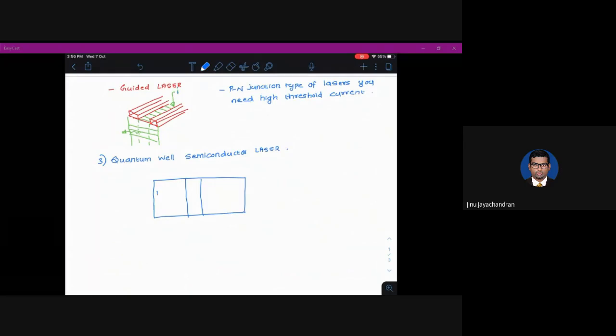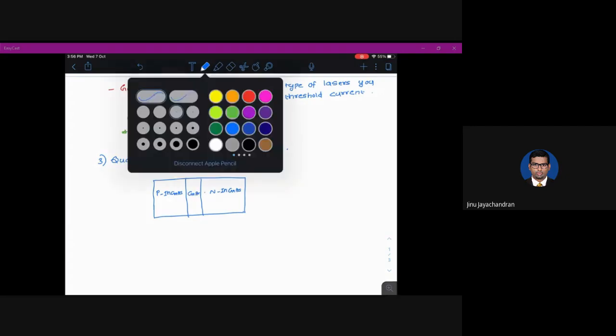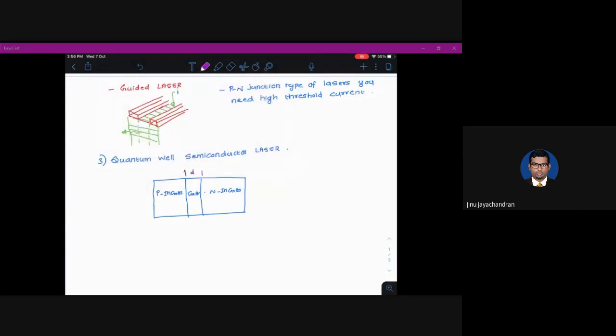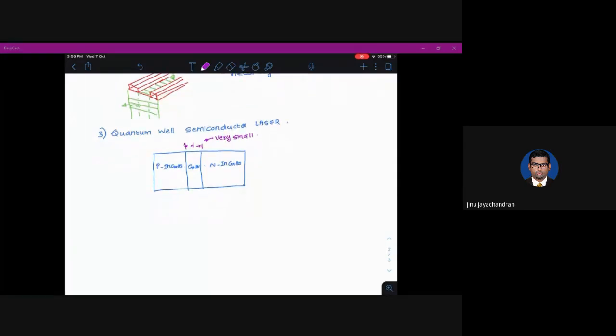So you will have p-type indium gallium arsenide, n-type indium gallium arsenide, and there is gallium arsenide here. But the width, this distance d of the quantum well semiconductor laser, is very small. If you look at the band diagram, it will be something like this.